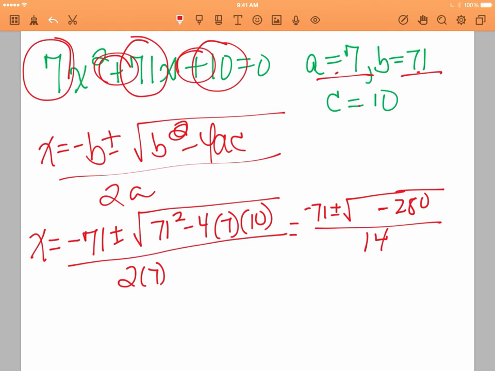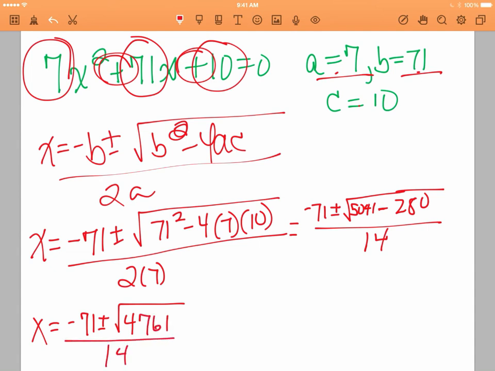We plug that in our calculator, and we get 5,041. And you subtract 280 from that. So you're going to get x equals negative 71 plus or minus the square root of 4761 all over 14.